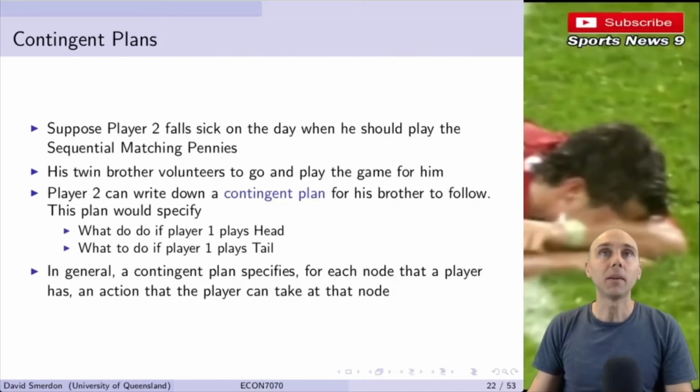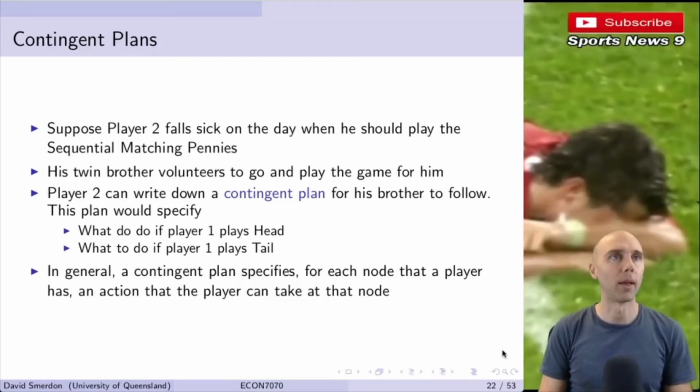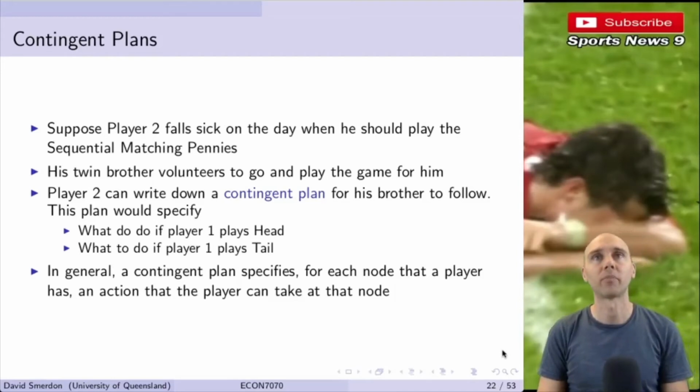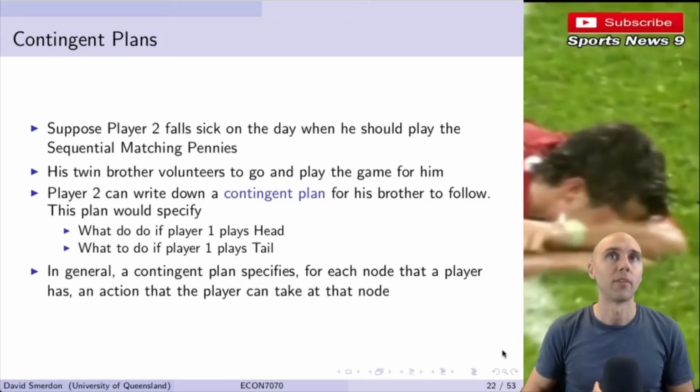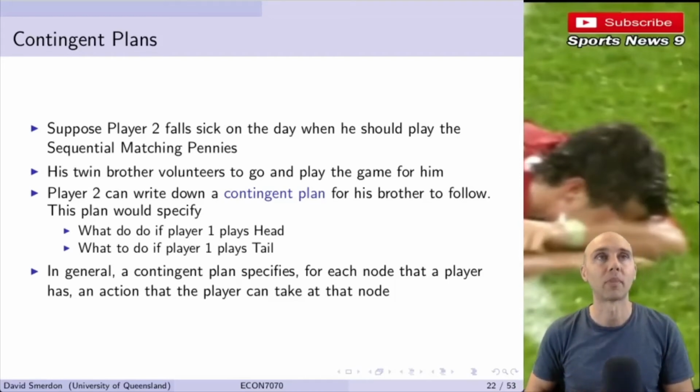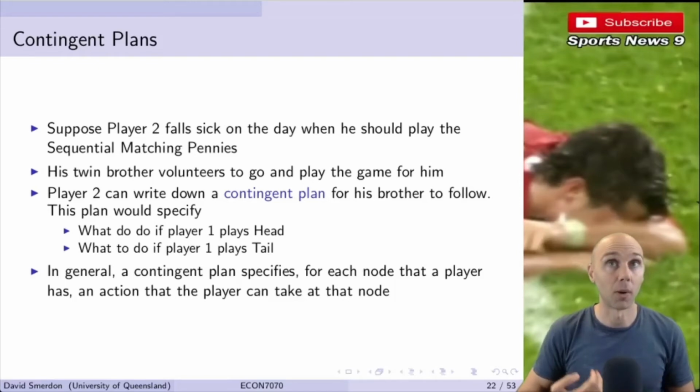A way to think about this is in terms of contingent plans. What's a contingent plan? Well, imagine that player 2 falls sick on the day that he's supposed to come to UQ and play matching pennies against player 1. His twin brother volunteers to go and play for him under the original player 2's instructions.